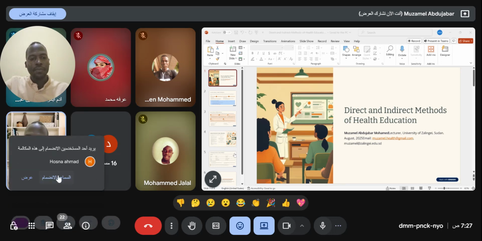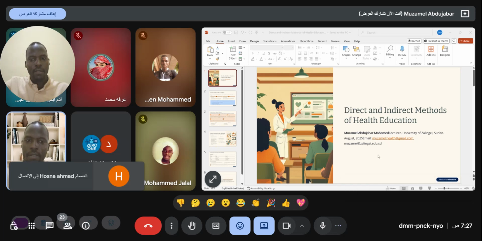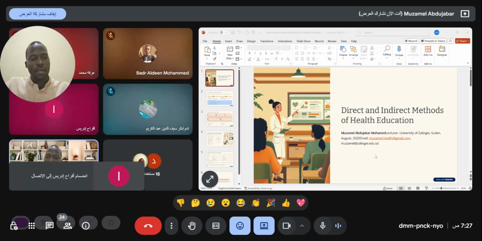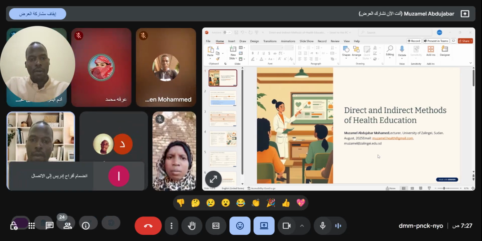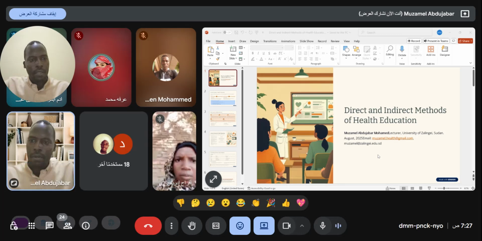As you know, health education is a backbone of public health. It can help you to upgrade the awareness and health information among the community and among the people.